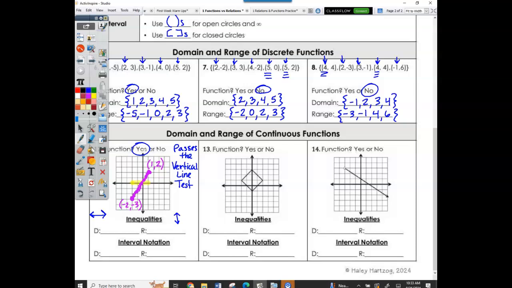And all those points in between. So the domain here is -2 up to 1, because the lowest x value is -2 and the highest x value is 1.